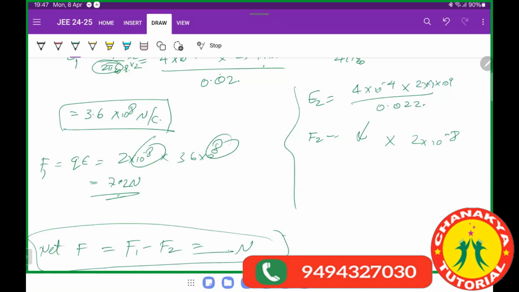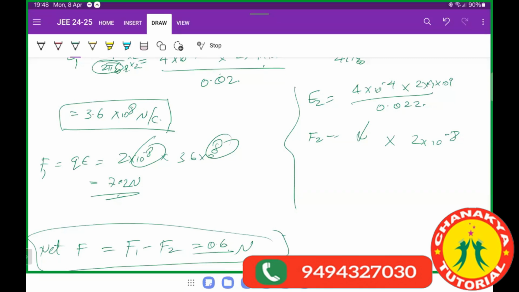Got this one? You understood what I did here? Yes, sir. Both of you? Yes, sir. So is it 0.6? Are you talking about the net force or F2? The net force. F2, I think 6.6. Okay, so 7.2 minus 6.6, how much? 0.6.